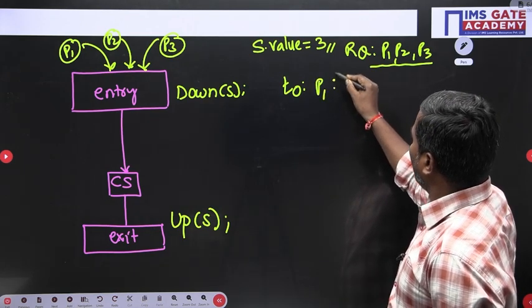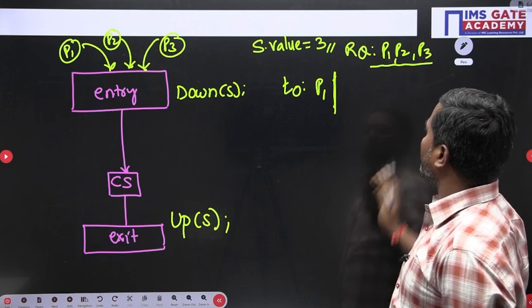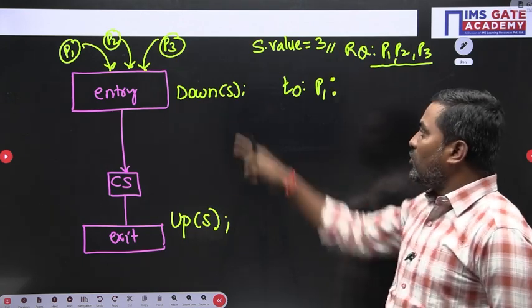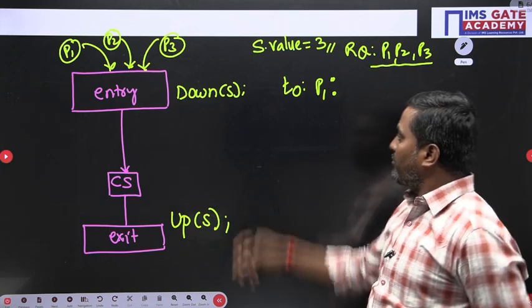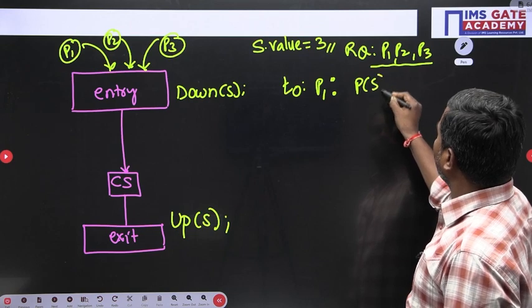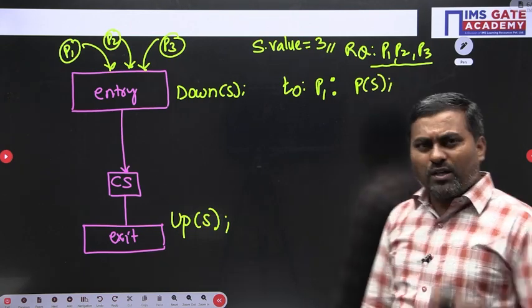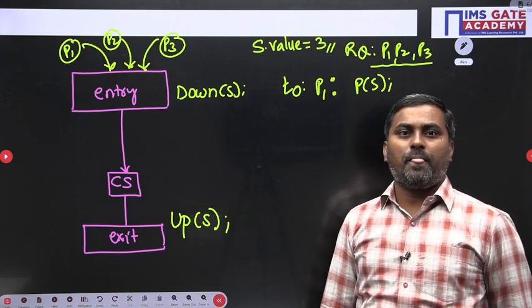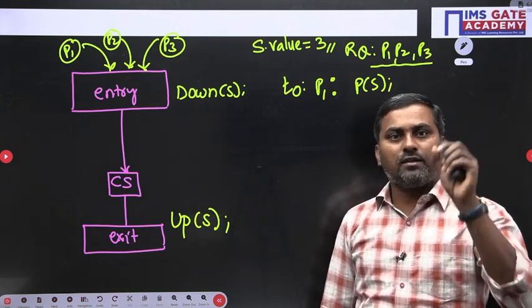What does process P1 do now? It performs the down on S, which we can also write as P of S. Down indicates decrementing the current value of the semaphore.